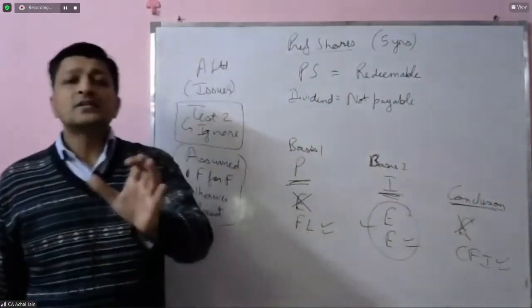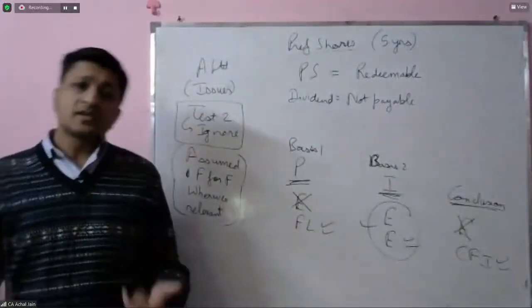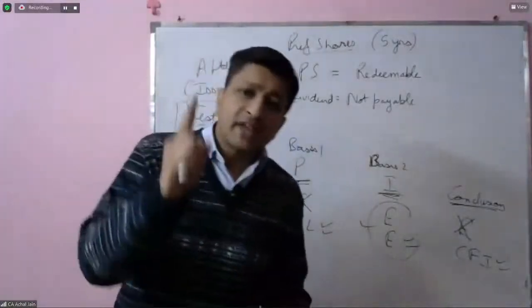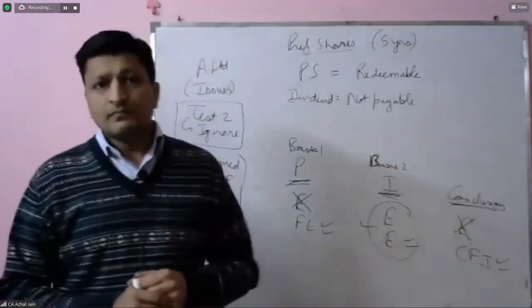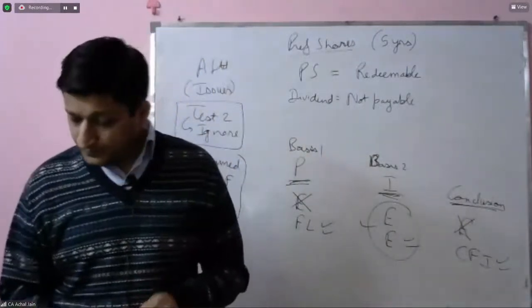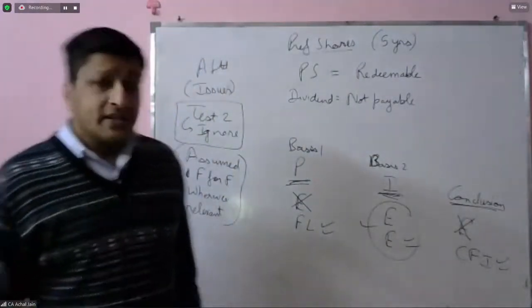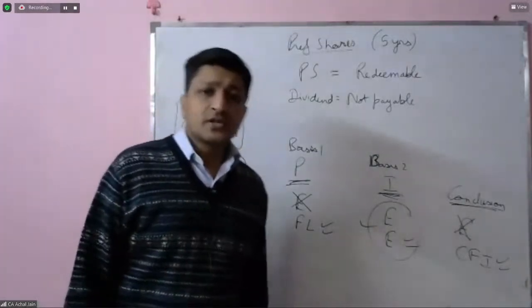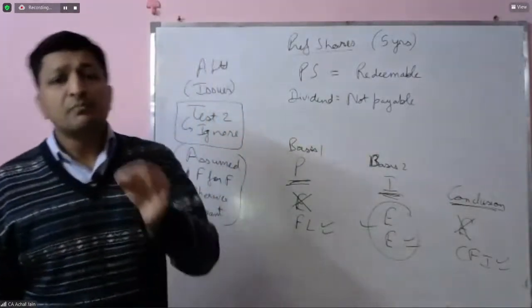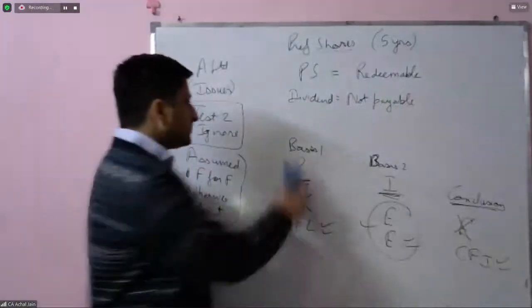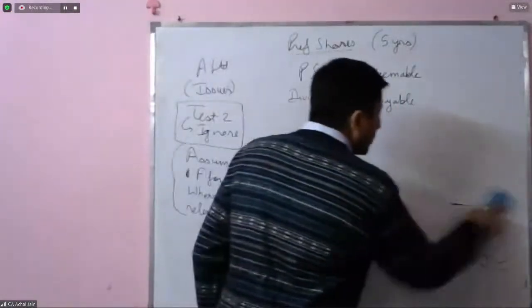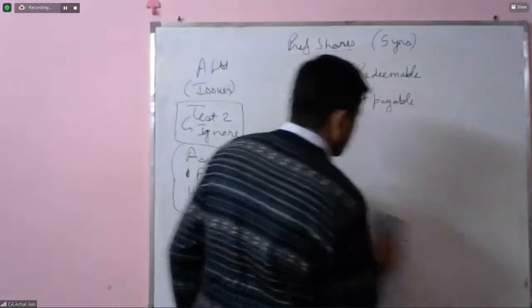Compound. Compound means mixture of 2. This instrument has financial liability as well as equity. Correct? Now an instrument which has both the features, let's see how we measure it, because that will give you more understanding about this concept, the measurement.